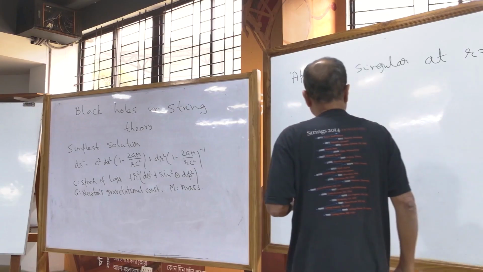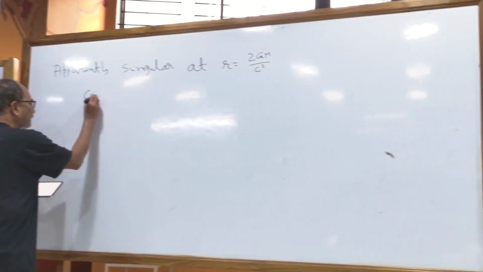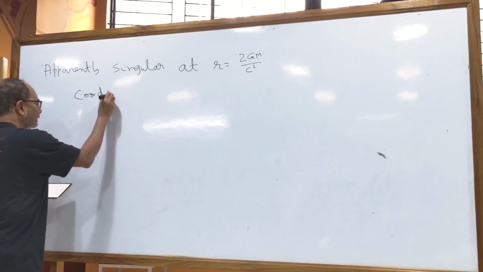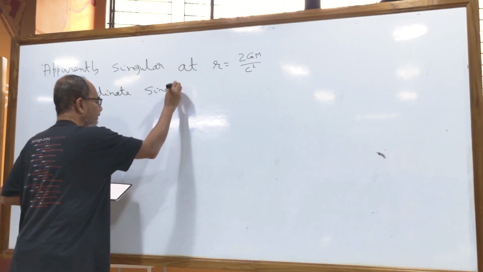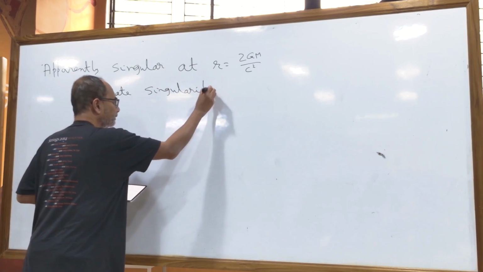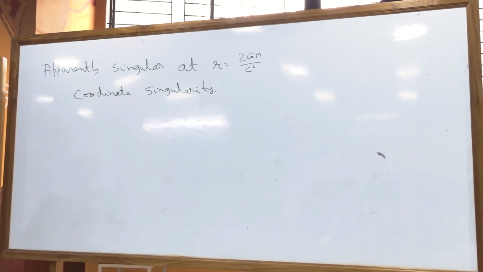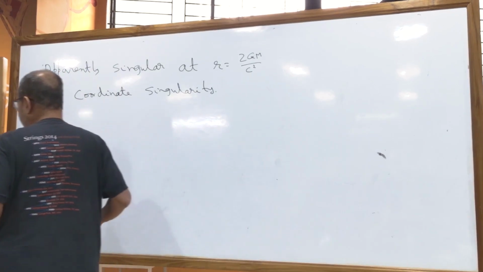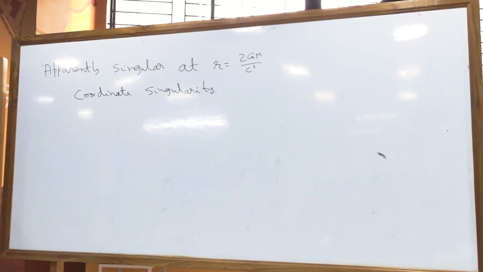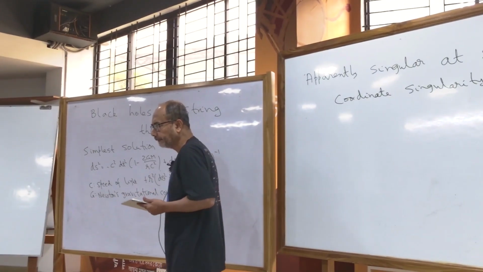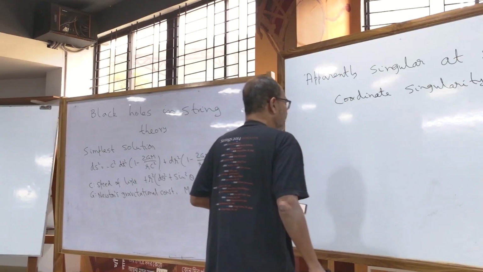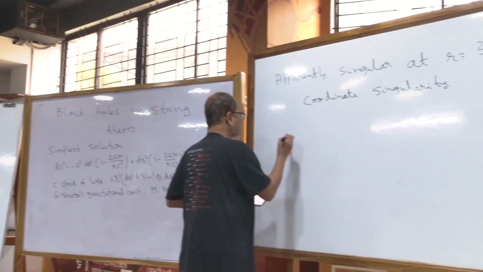But we know that this is a coordinate singularity. Which means by changing coordinates, instead of using the r, t coordinate system, you can change your coordinates so that the singularity goes away. The metric looks completely smooth.